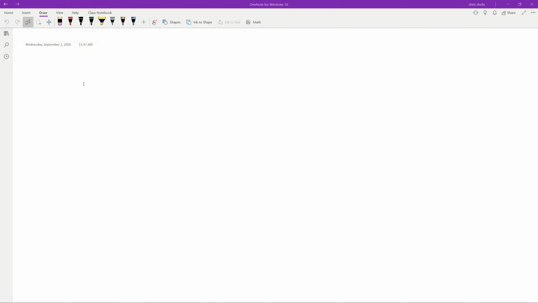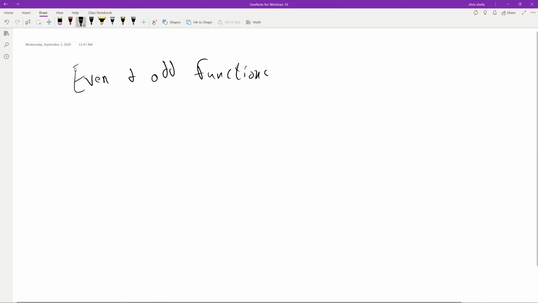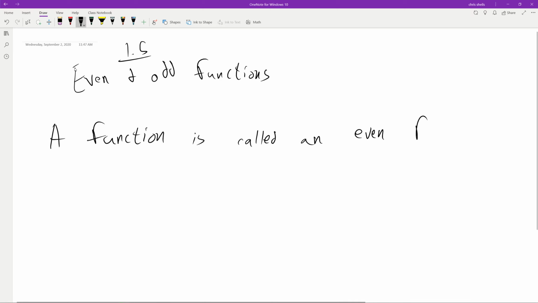Okay, so let's start up with even and odd functions. A function is called an even function if f of x is equal to f of negative x.